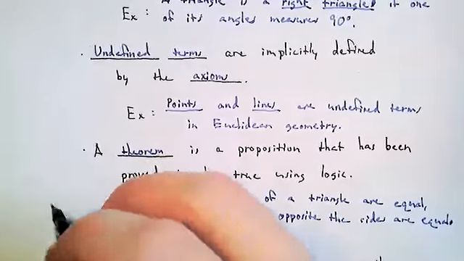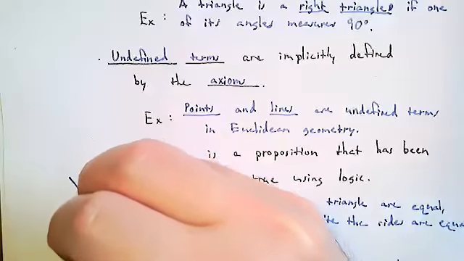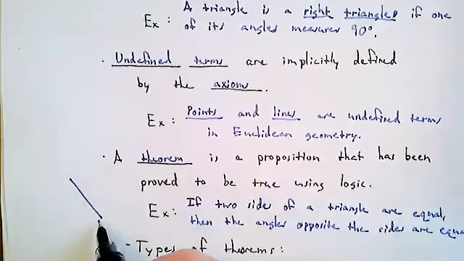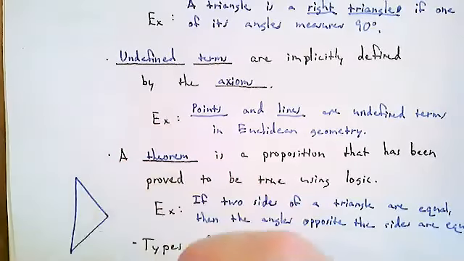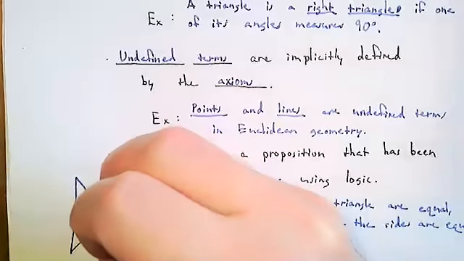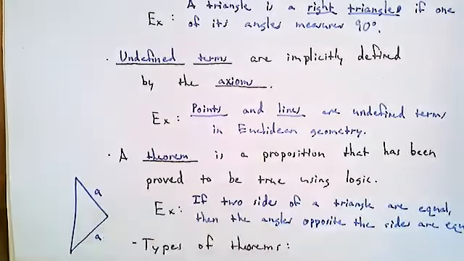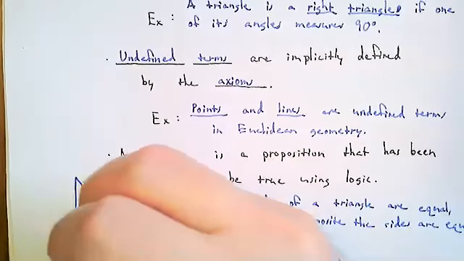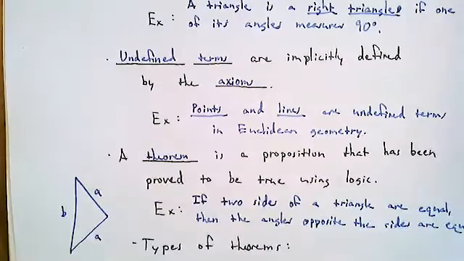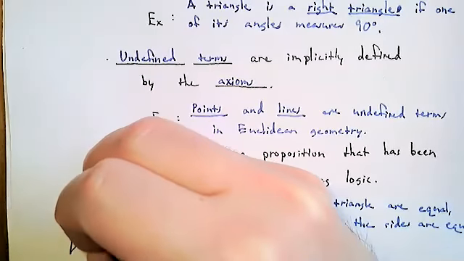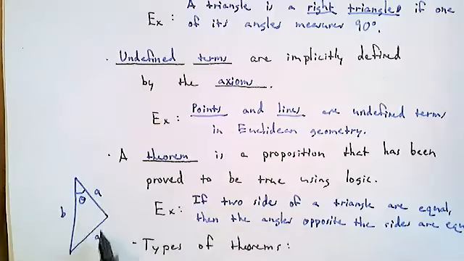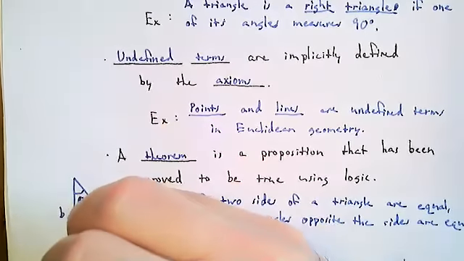So just to draw a little demonstration, if I can, by hand. So if I draw two sides that are equal, and then complete it with a third side. So maybe I'll write the same letter, A, to show that these two sides are equal. And then the third side could be something else, maybe B. Then what this theorem says is that the sides opposite the two equal sides, so let's label them.